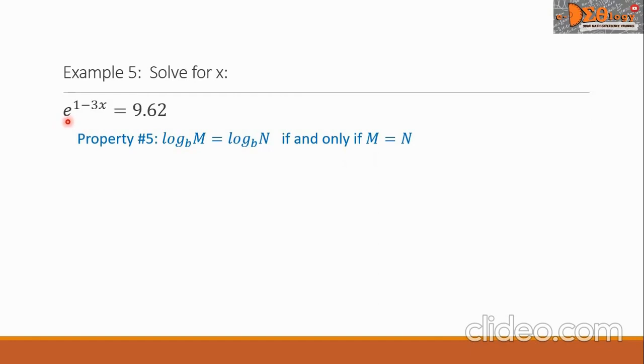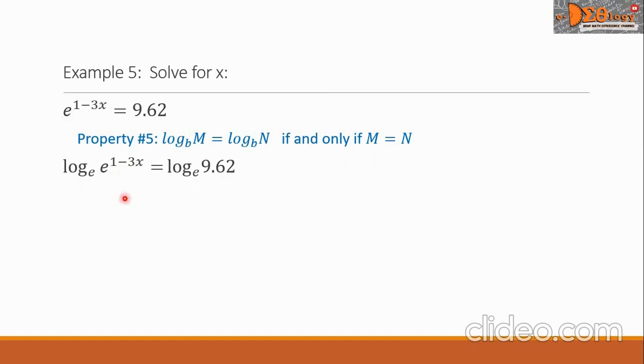But since this is the variable e, we are going to apply a log with base e. So we have log of e raised to 1 minus 3x to base e equals log of 9.62 to base e.